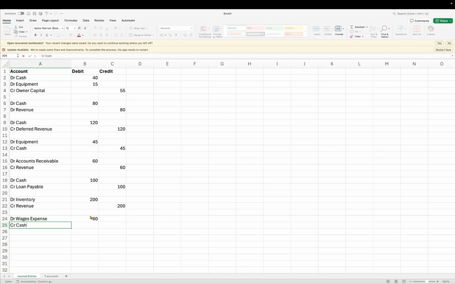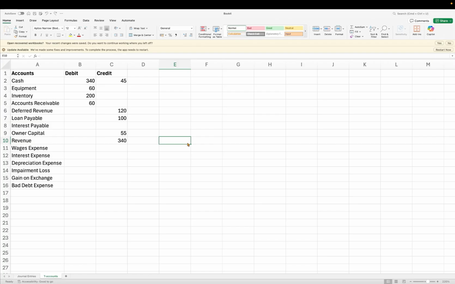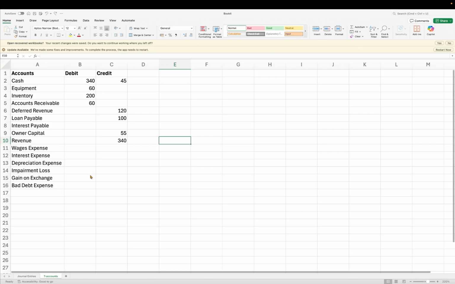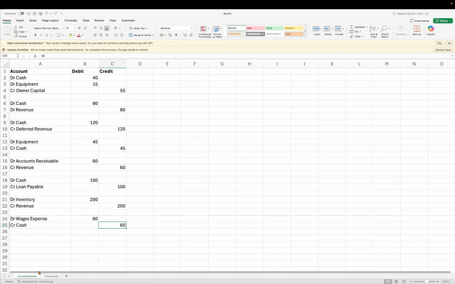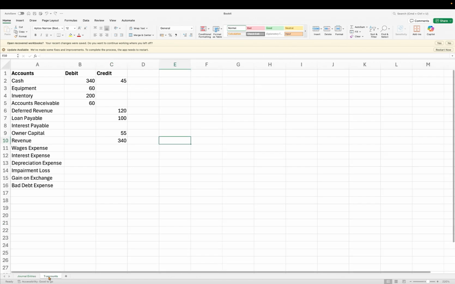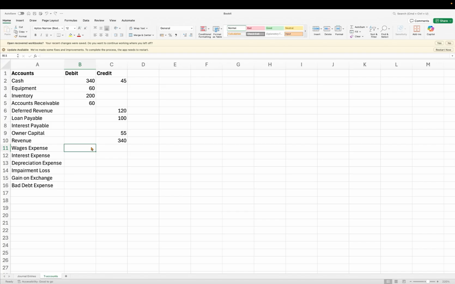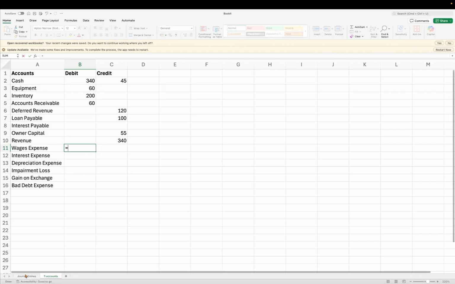Assets decrease with credit, so I credit cash again for 60. Now I post the debit portion of the transaction to the ledger. The journal entry shows a debit of 60 to wages expense, right? As long as we don't have anything here, we add them.